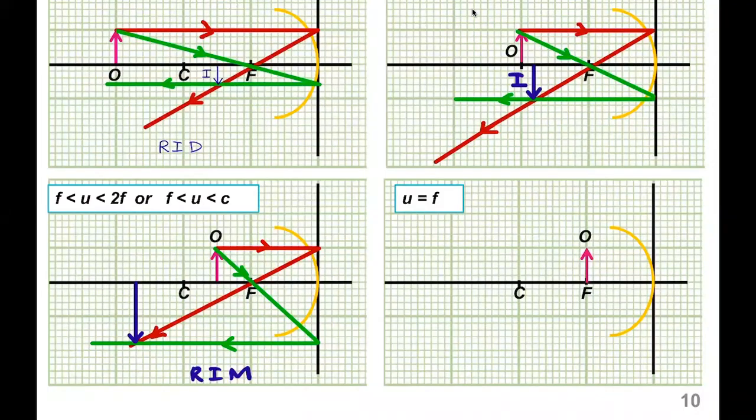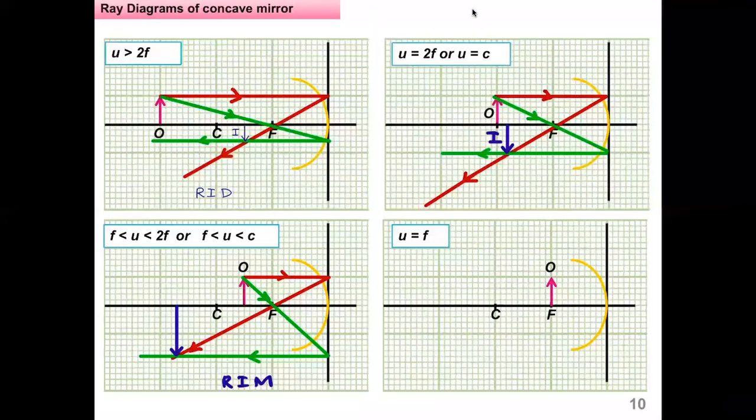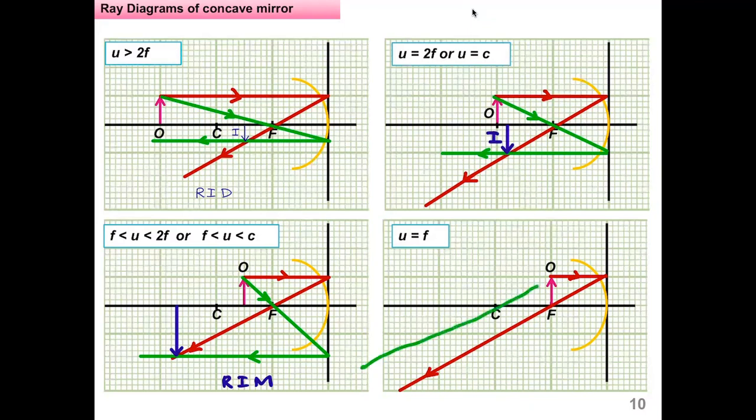When the object is exactly at F, what happens? Right. And then the second one. Actually, the image will be produced at the back of the mirror.